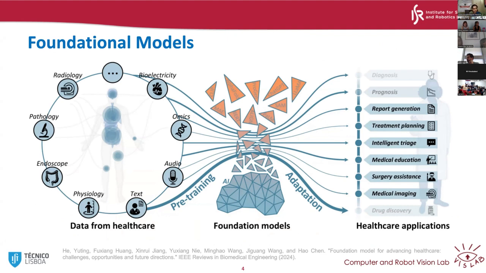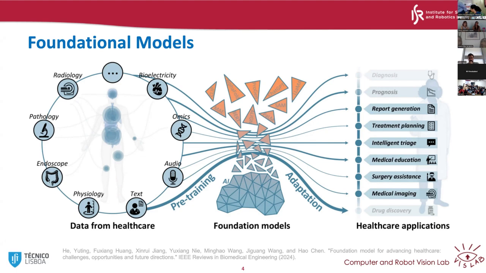So we rely a lot on the concept of foundational models that are very good feature extractors. And nowadays, luckily, we have foundational models in different contexts of medicine. We start from here to do a lot of our work.